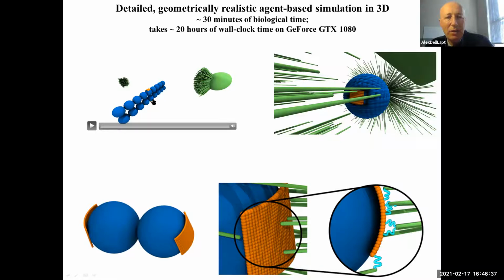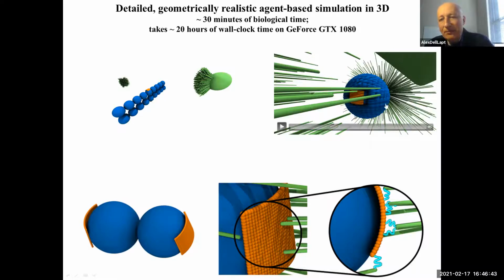We have kinetochores on the centromeres of the sister chromatids. And we simply monitor on the computer when the microtubules reach the kinetochores and get glued to them. So we include many molecular details.